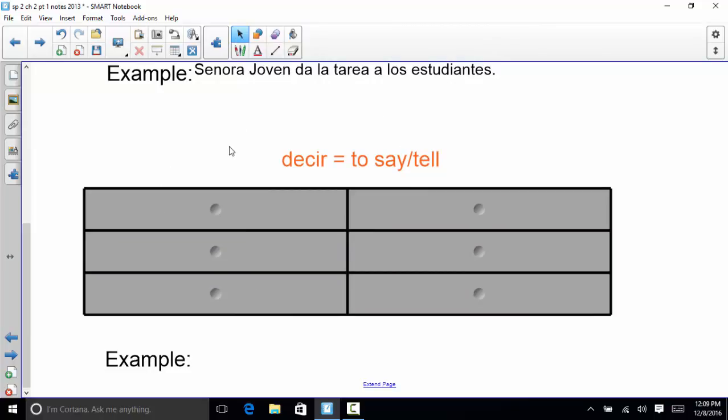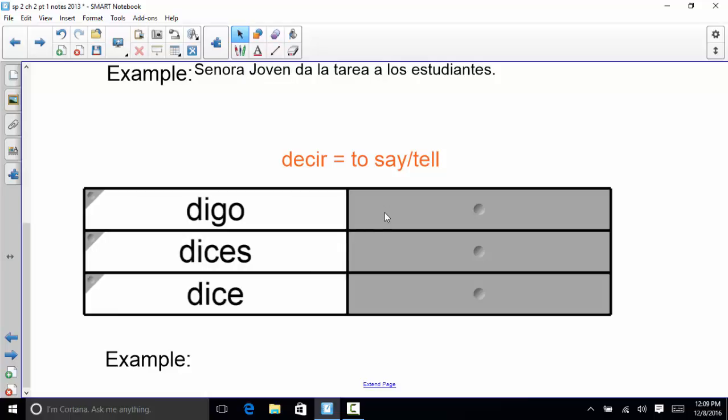And we conjugate decir with yo digo, tú dices, él, ella, usted dice, nosotros decimos, and ellos, ellas, ustedes dicen. So decir is a stem-changing verb, and it also has an irregular yo.